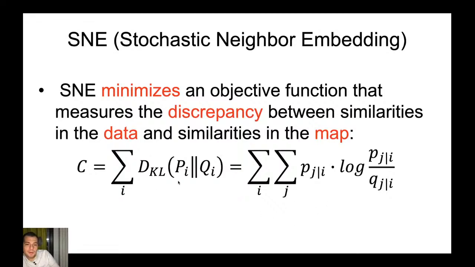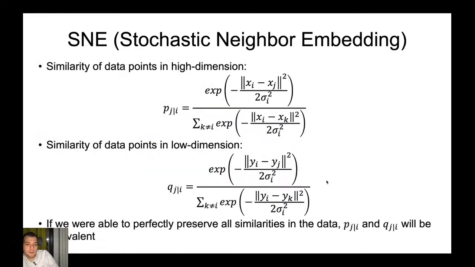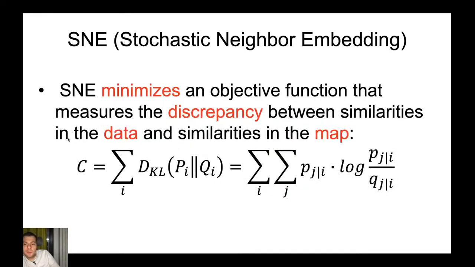These are actually expanded and written like this. These terms are the terms that we defined previously. So this is our objective, and we want to minimize this objective when we compute our projection.